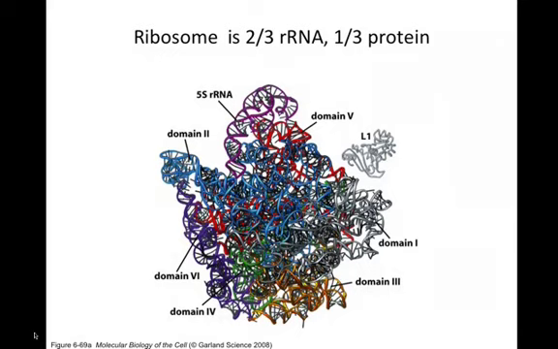It is 2/3 RNA. So it's mostly made out of RNA and about 1/3 protein, which is pretty amazing, right? Are ribosomal RNAs and tRNAs post-transcriptionally processed?